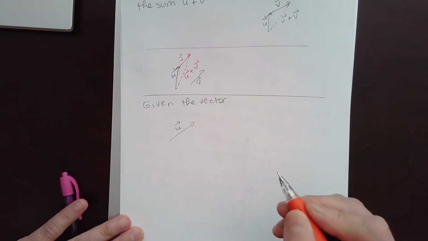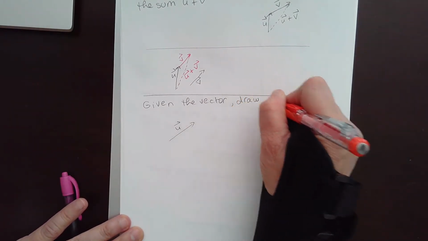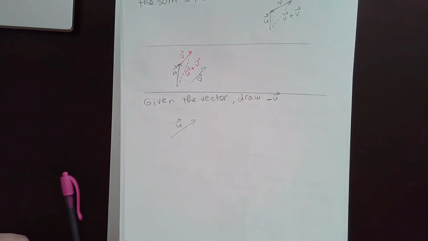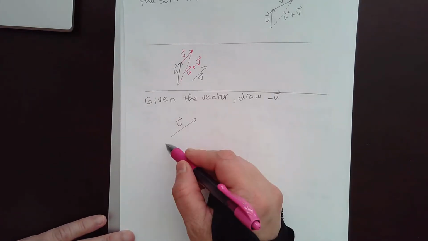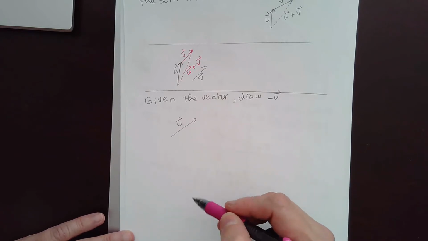I want you to go ahead and draw negative u. How would we graph it? Negative u will have the exact same length, but point in opposite direction.